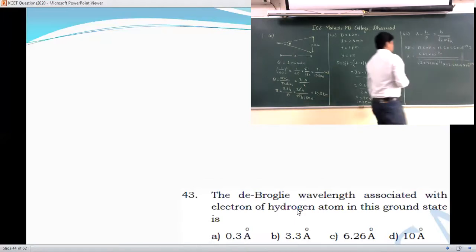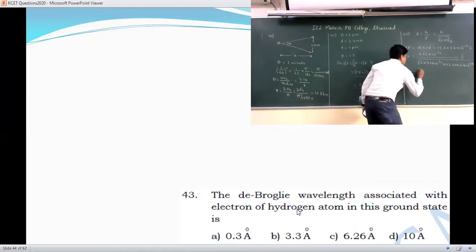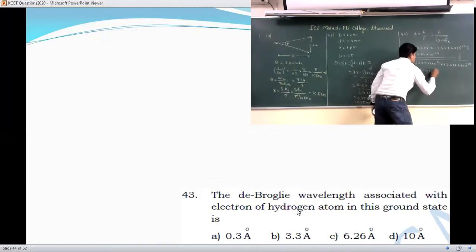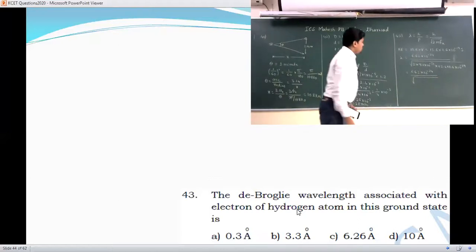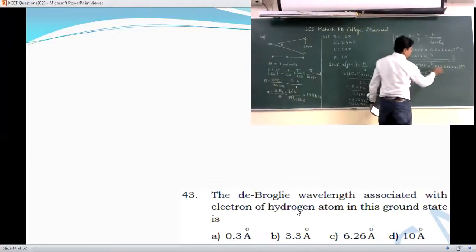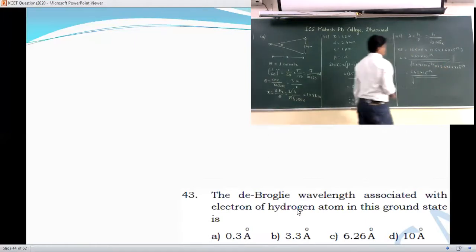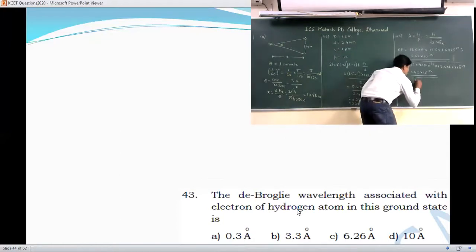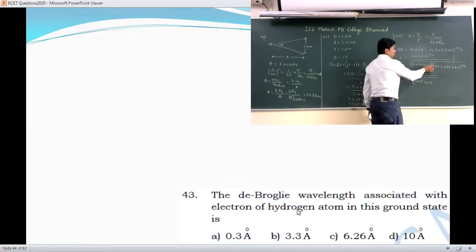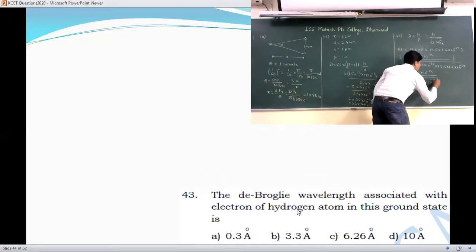Now if you multiply these values, you will get nearly around 405 or 406. Into 10 raised to, here minus 31 and here minus 19, so total you are getting minus 50.